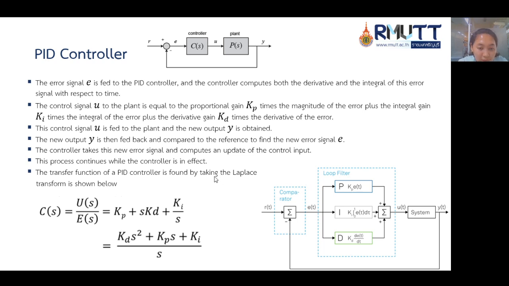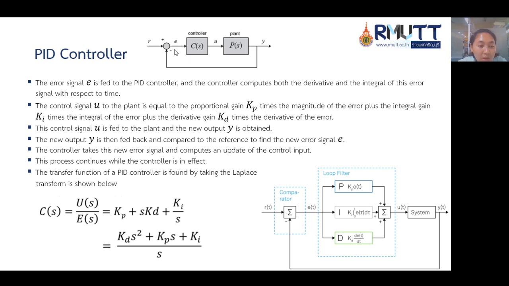So in this PID controller, the error signal E is fed to the PID controller, and the controller computes both the derivative and the integral of this error signal with respect to time.